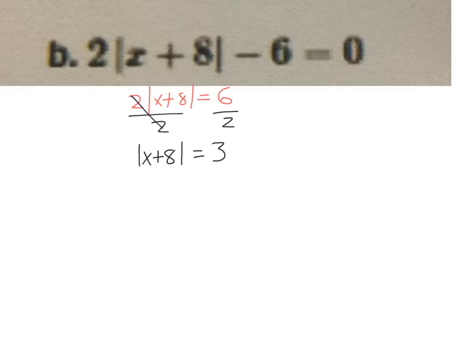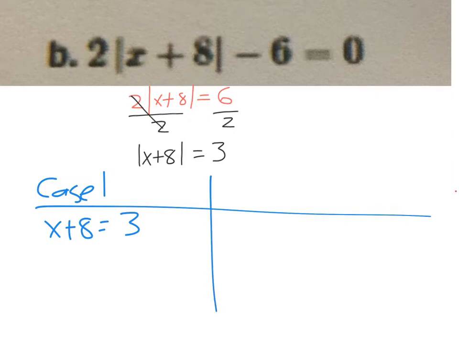I've got it by itself. So there are two cases that could possibly happen. What is inside the absolute value bars, which is x plus 8, could equal positive 3. Or case 2, what's inside the absolute value bars could equal negative 3.